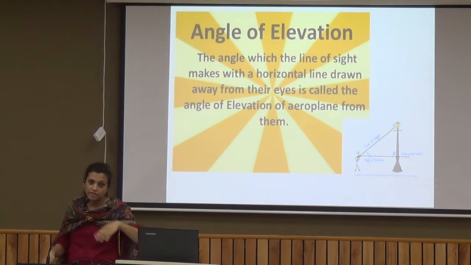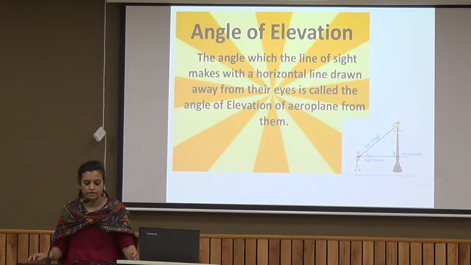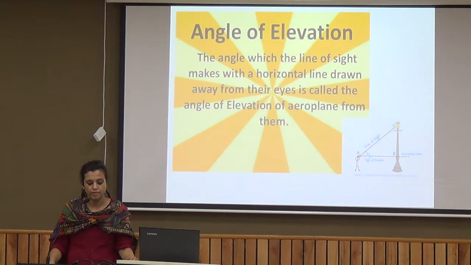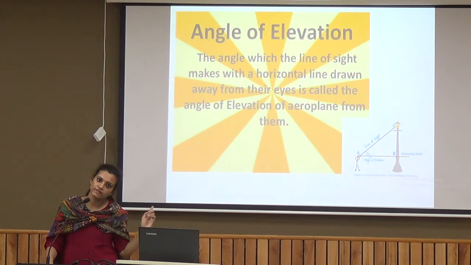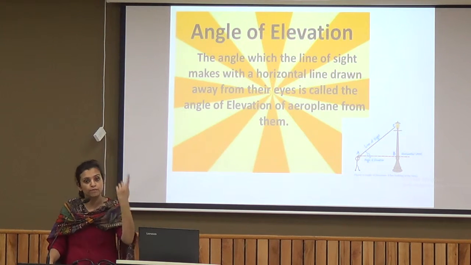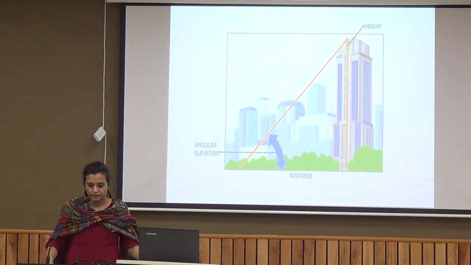This angle with which I have to elevate my eyes or lift up my eyes is called the angle of elevation. Look at the definition. The angle which the line of sight makes with the horizontal line drawn from their eyes is called the angle of elevation. Now, connecting it to the previous example, the angle of elevation of the aeroplane from them. Look at this.